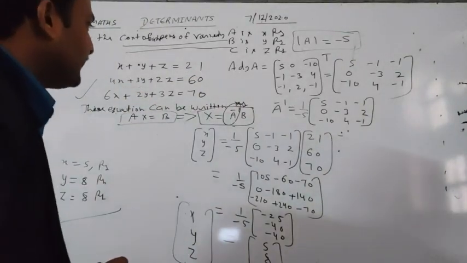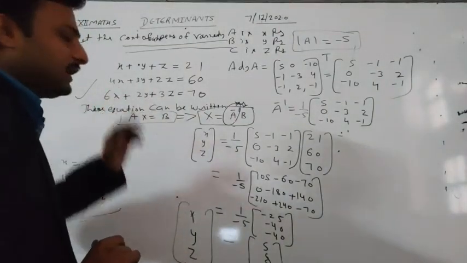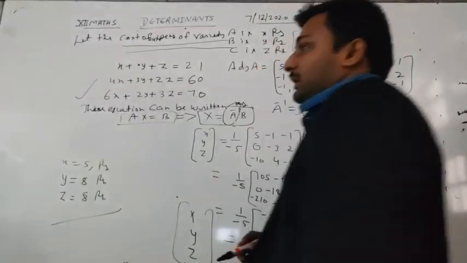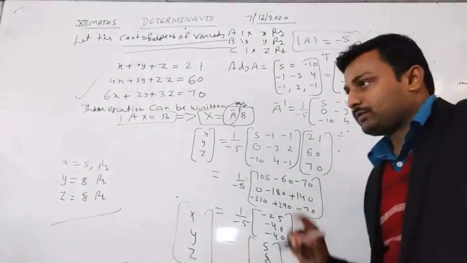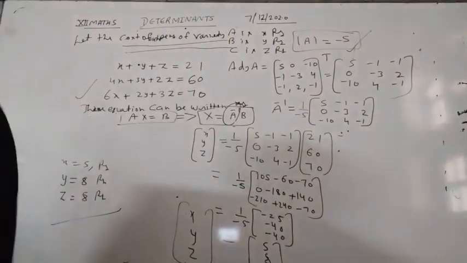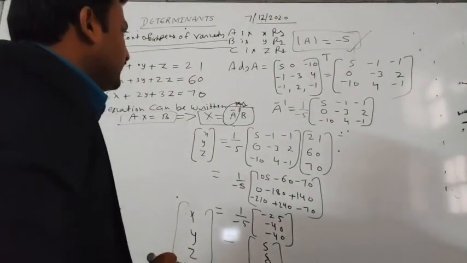Now we will find A inverse. When we expand the matrix A, what is the determinant of A? Minus 5. Since the determinant of A is minus 5, we can say that A inverse exists.